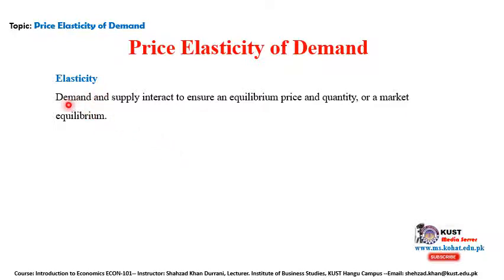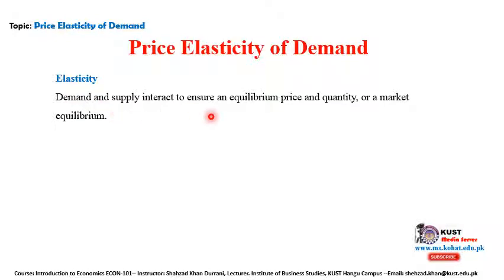What's happening is that sometimes there is a stretch, or you can see that there is an expansion in demand, right? Or sometimes the supply stretches or contracts, or you can also call it the expansion in supply, right? Why is it happening? Due to some of the determinants of the supply or the demand, right?